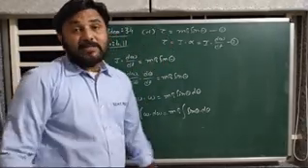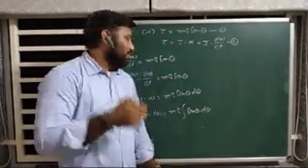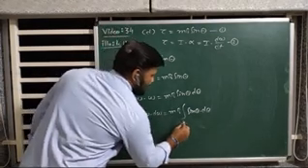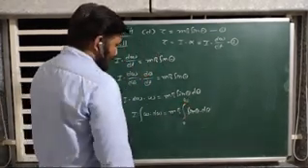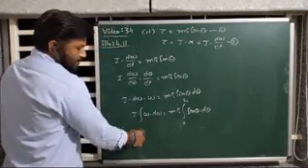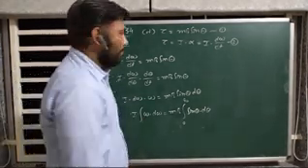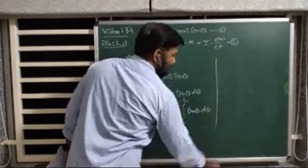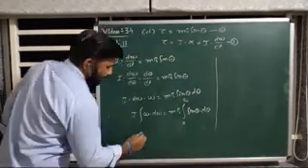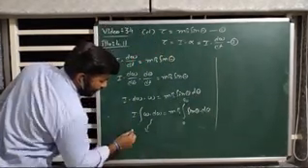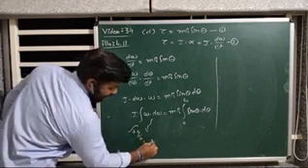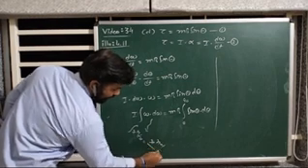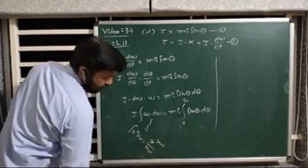The angle is changing from 0 to 90, so you have to take that integration from 0 to 90. Here you have to apply a rule: integration of x raised to n dx is equal to x raised to n plus 1 upon n plus 1.